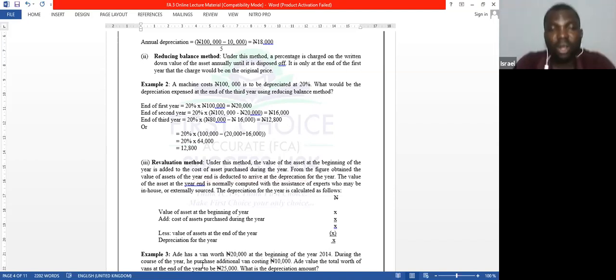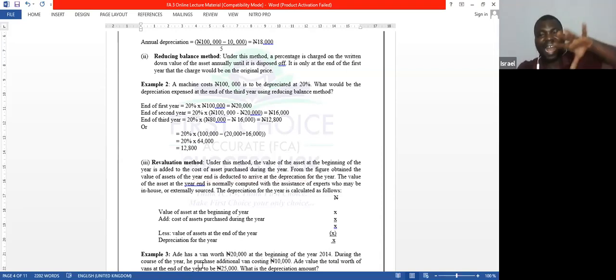Now, the revaluation method. Under this method, the value of the asset at the beginning of the year is added to the cost of the asset purchased during the year. So it means that at the beginning of the year, if I have an asset worth 20,000, but during the year I purchase an asset of 5,000, my total asset is 25,000.